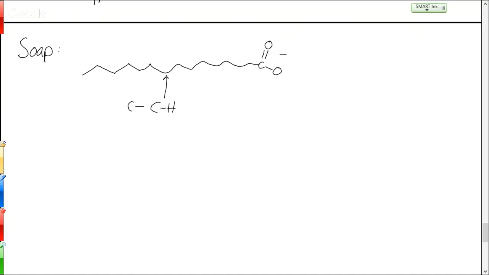So what that means is the negative charge side over here is highly polar, and that can interact with water really well because of the negative charge. The other side of it, all this stuff, is nonpolar. And so that can interact with nonpolar stuff really well.